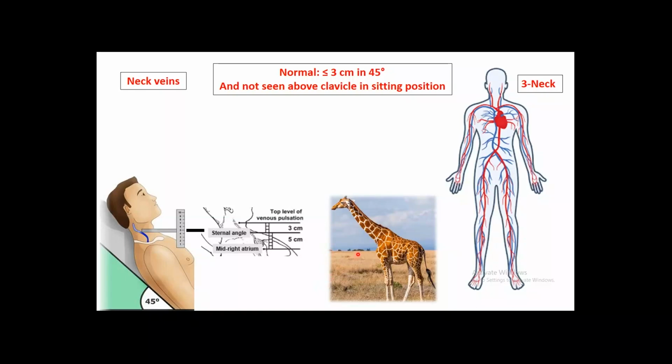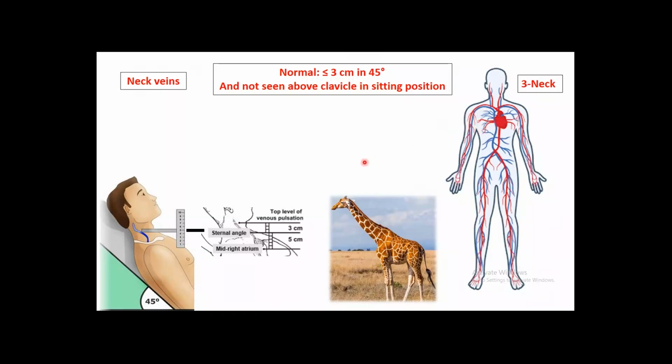So we can't measure the jugular venous pressure in a giraffe, but fortunately in humans we don't have any valve in this area between the internal jugular vein and the right atrium, so measuring the column of blood in the internal jugular vein might give data about the volume status or the right atrial pressure.